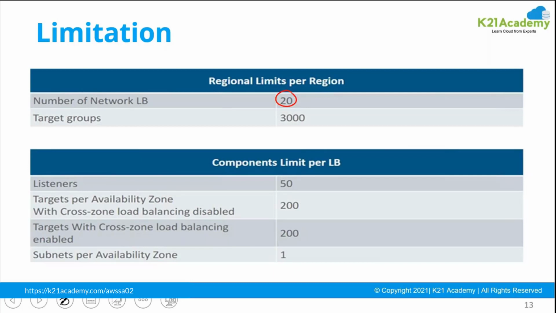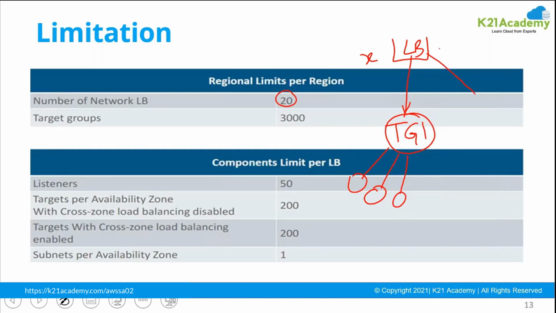As I have told you, the advanced levels of load balancers work with target groups. So whenever the load balancer gets a request on port X, it forwards the traffic to target group 1, and target group 1 has 3 machines on which the traffic will be distributed. If the load balancer receives traffic on port number Y, it will be forwarded to target group 2, which has another set of machines.